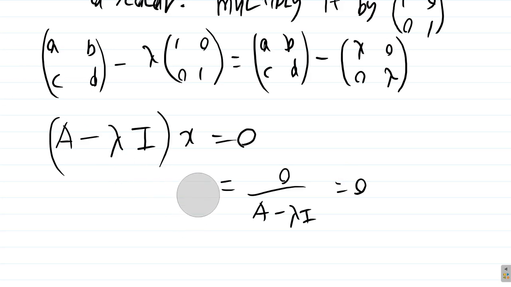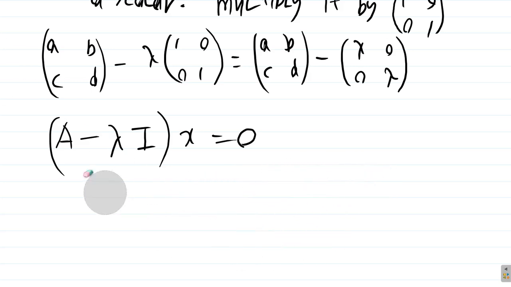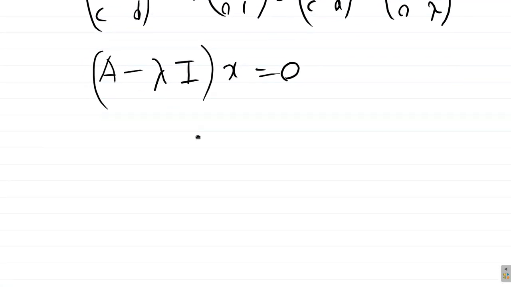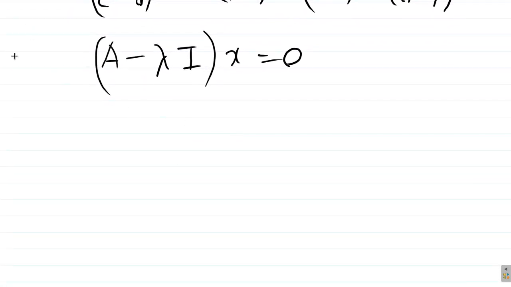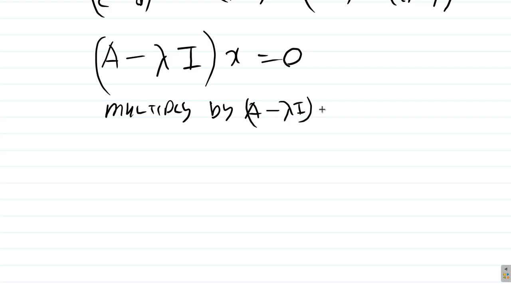Now, here, you can't do that as if you're dealing with numbers. What you'd have to do is multiply both sides by the inverse of this matrix. So multiply by A minus lambda I inverse.